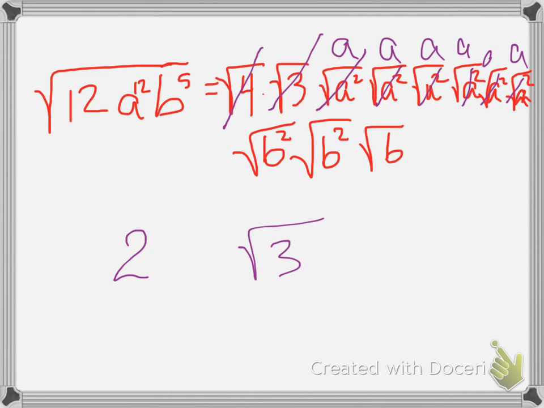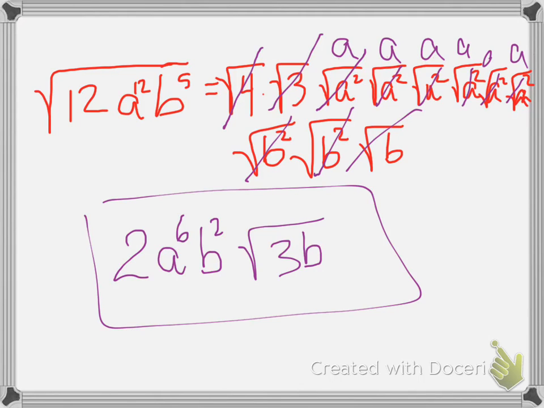So I got 1, 2, 3, 4, 5, 6. So I have 6 a's on the outside of the radical. B squared is b, and there's another one. So I got 2 b's on the outside of the radical. And then I've got this b that's sitting on the inside, so I'm going to put it in here with the 3. So there's my final answer.